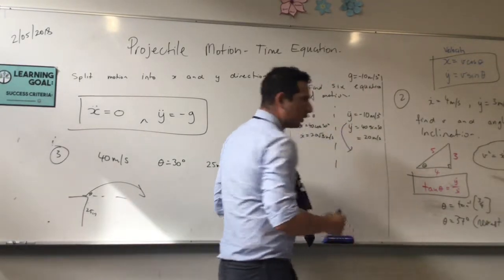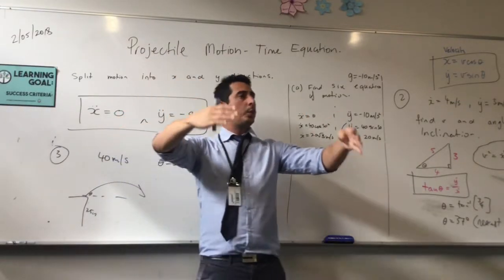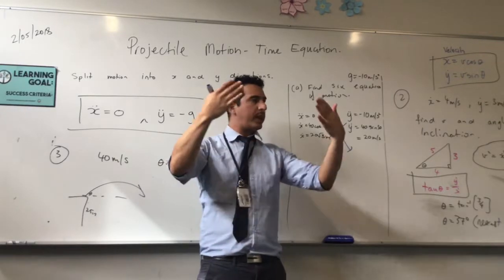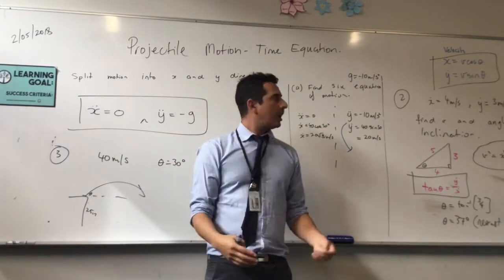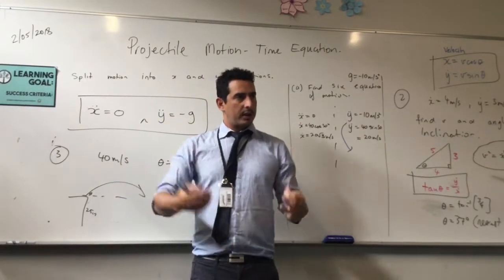So let's work on this. The displacement, we differentiate, we get velocity. And we differentiate velocity and we get acceleration. So we've got acceleration, so what do we do to get velocity? Integrate.